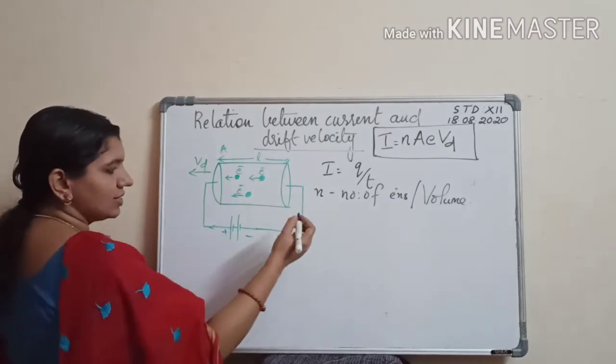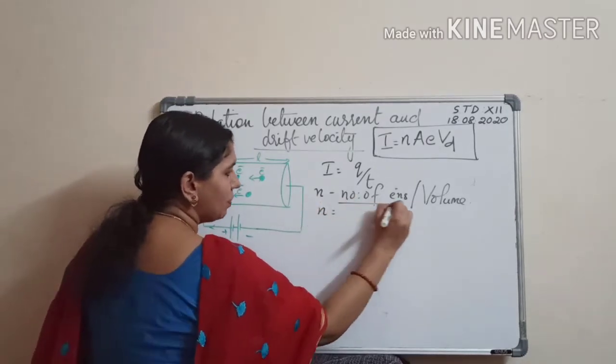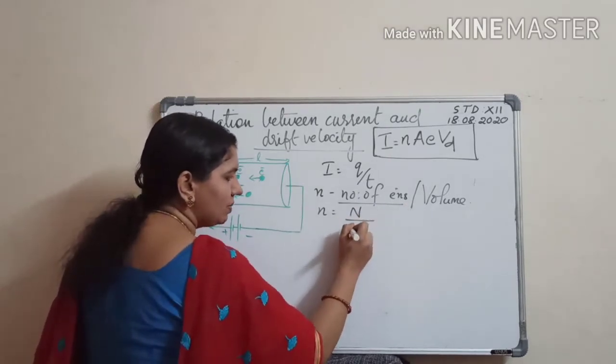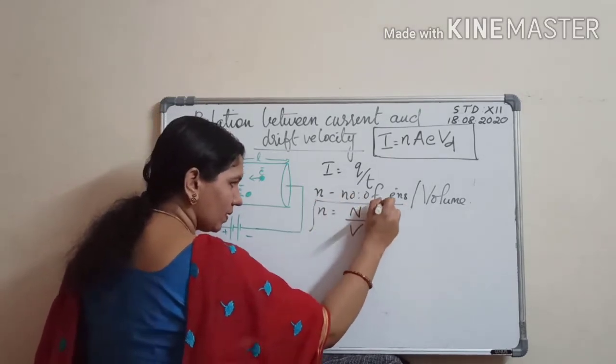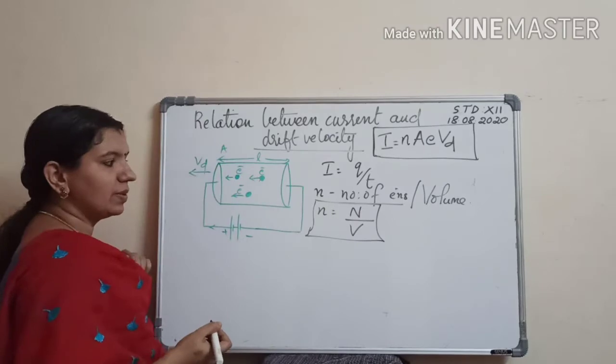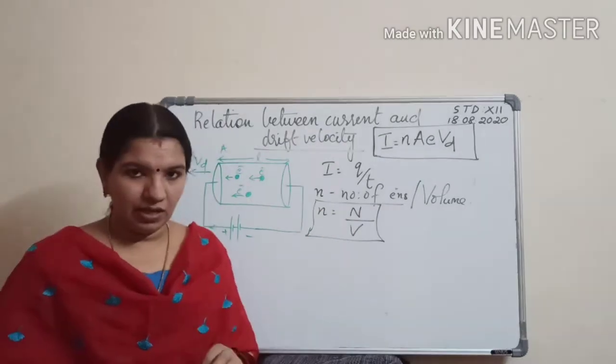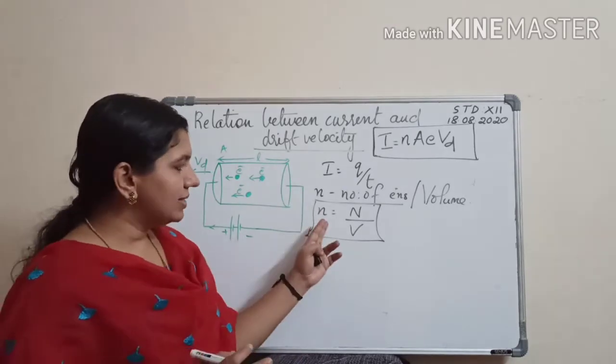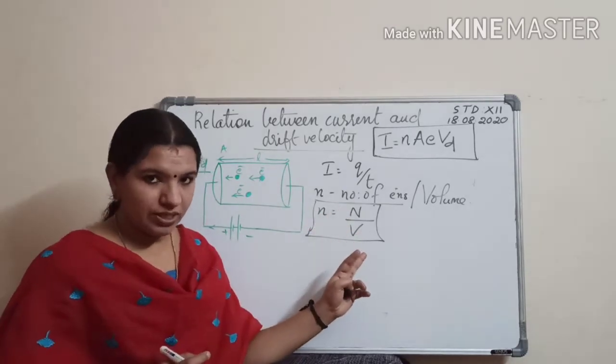That is, small n is equal to capital N by V, where capital N is the number of electrons and V is the volume. So small n is the number of electrons per unit volume.